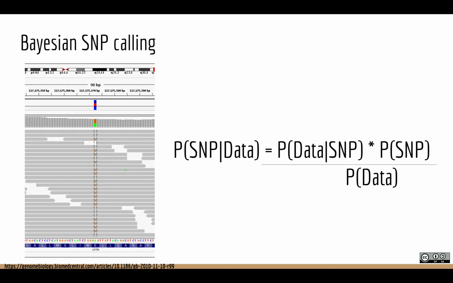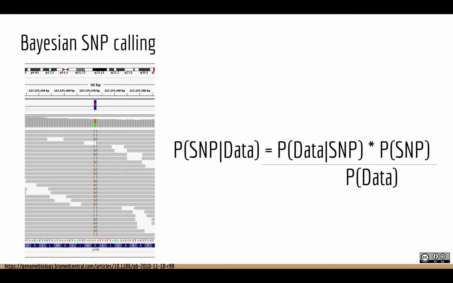that gets at the signal to noise problem in finding a SNP. If there were lots of reads and lots of high quality G's and A's, well, the probability of that data given a SNP is probably pretty high. But imagine that there was only 3 sequencing reads, 2 A's, 1 G, and that G is low quality.